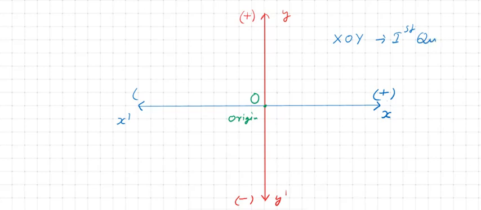The name of the second quadrant should be X O Y, but beta, here X is negative. So we write X dash O Y. Dash means negative sign. So this is the second quadrant.